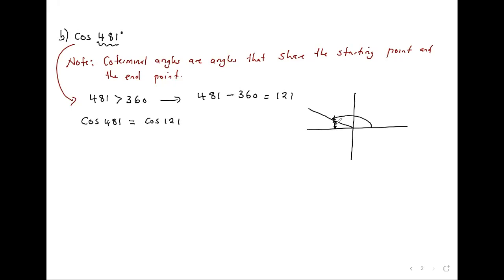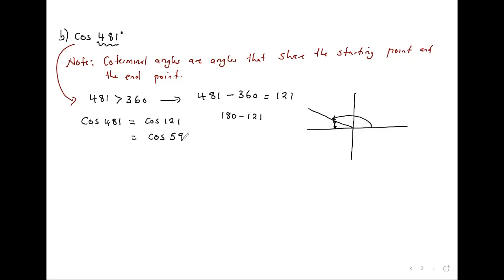Remember, reference angles are the angles between 0 and 90, the acute angles. So now we get 180 minus 121. That is 59. So we have cos 59.